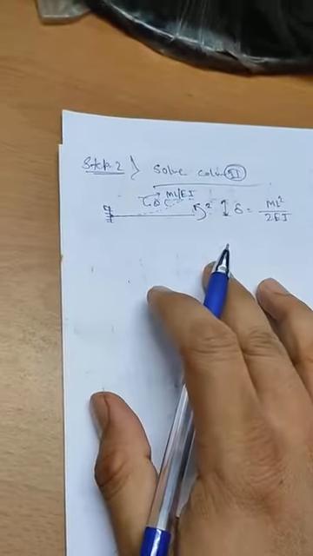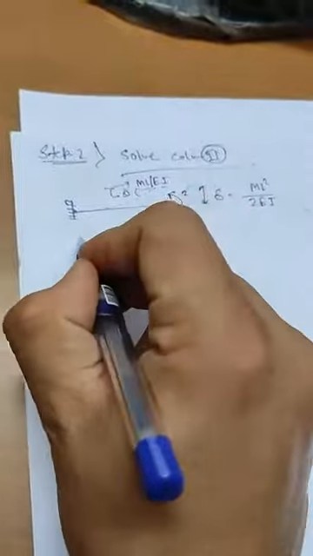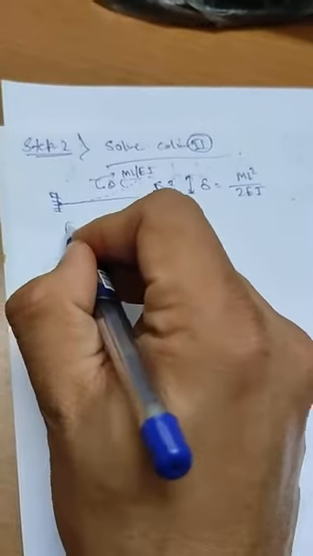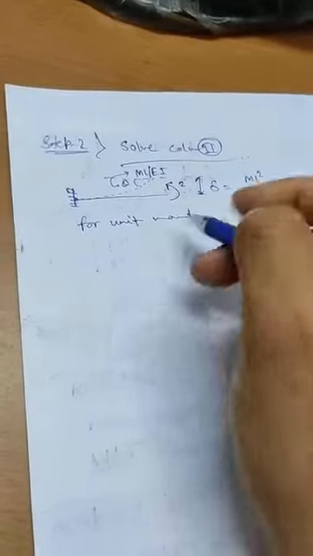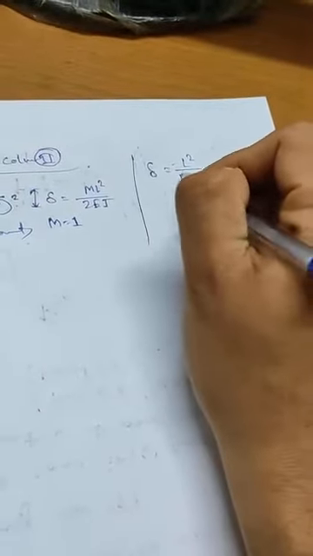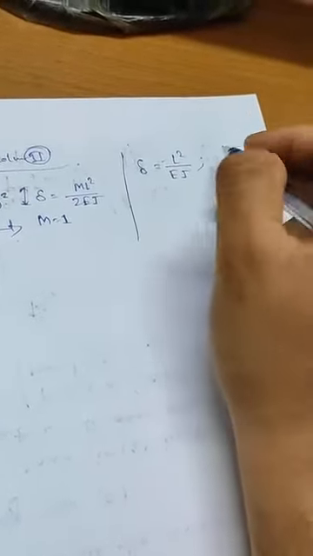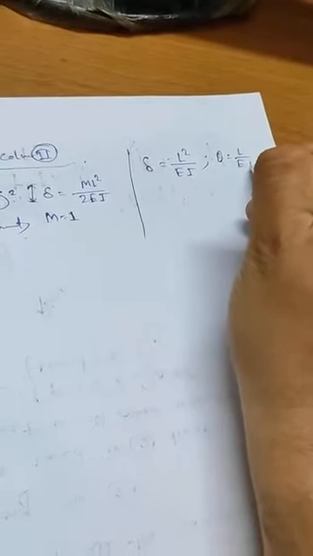Now you apply unit moment, like the previous unit load. For unit moment, your M value is obviously 1. Then your delta should be L square by 2EI and your theta would be L by EI.